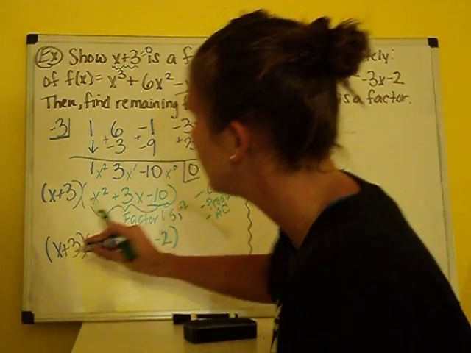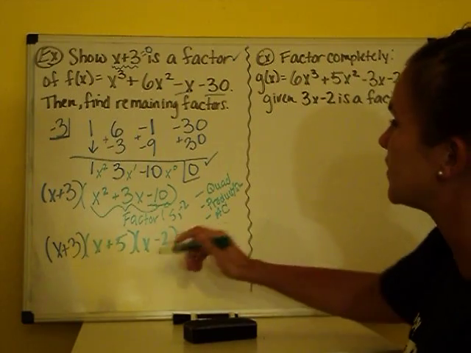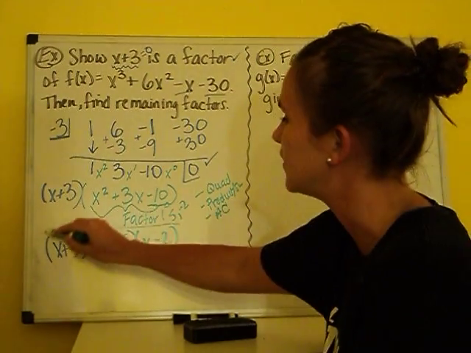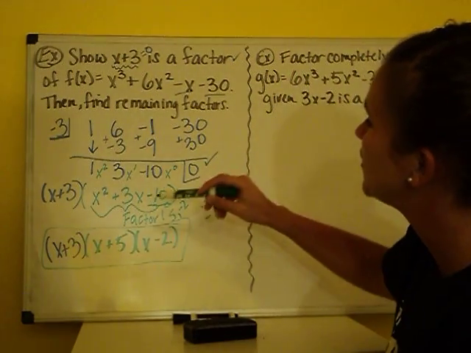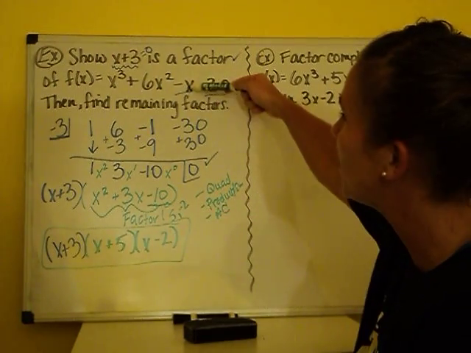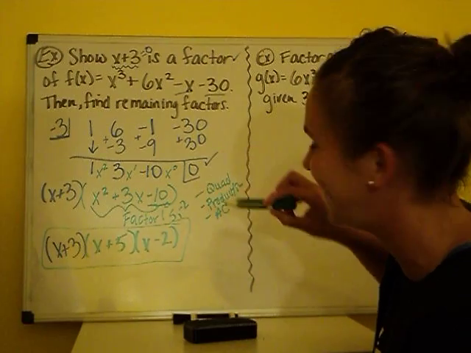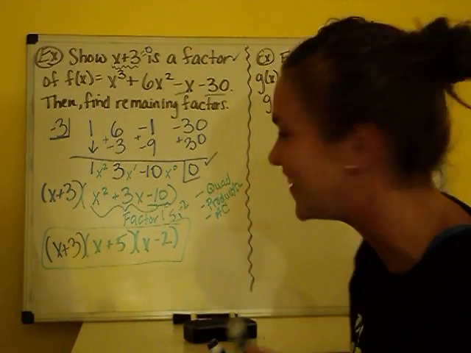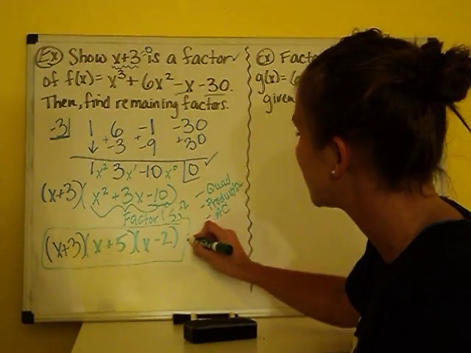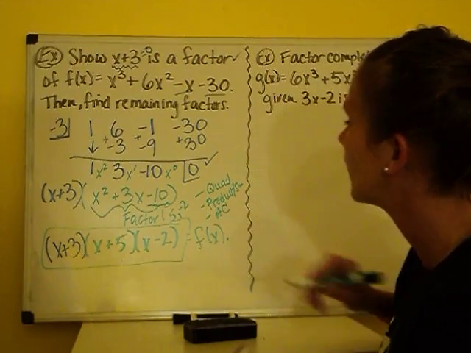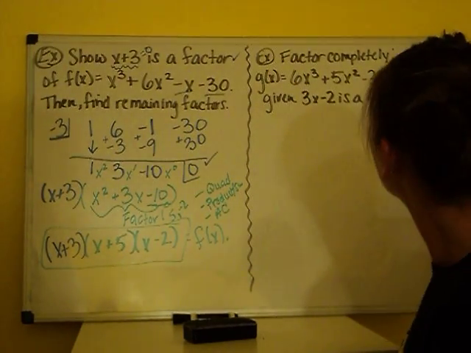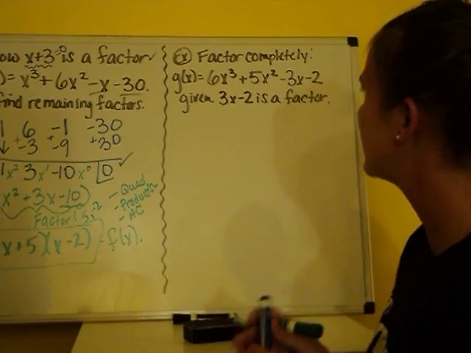So this was my given one. Those two are the ones that I just found. This is our answer. So this is that polynomial written in factored form. Isn't it beautiful? Yes. I think it's lovely. So this equals f of x. Okay? Done. Alright. Next example.